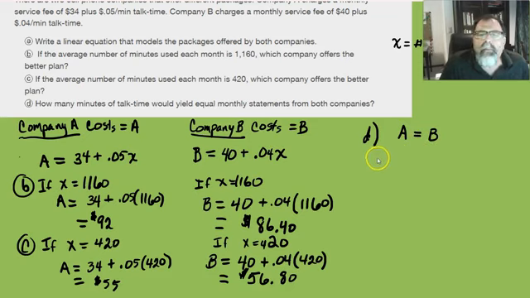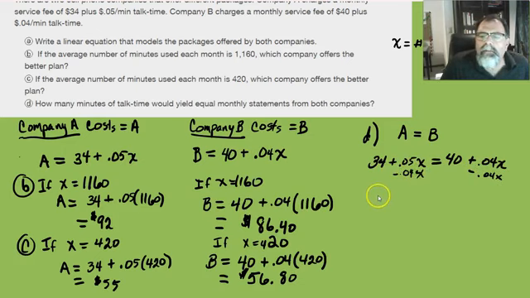We know that the cost of A is 34 plus 0.05x, and the cost of B is 40 plus 0.04x, and we solve this equation. Let's subtract 0.04x to get all variables on one side. So now we have 34 plus 0.01x equals 40.